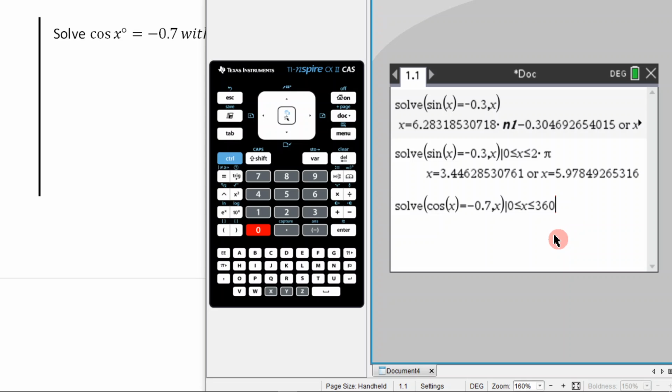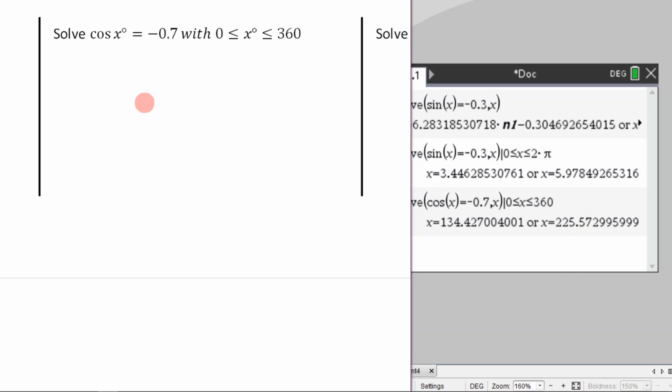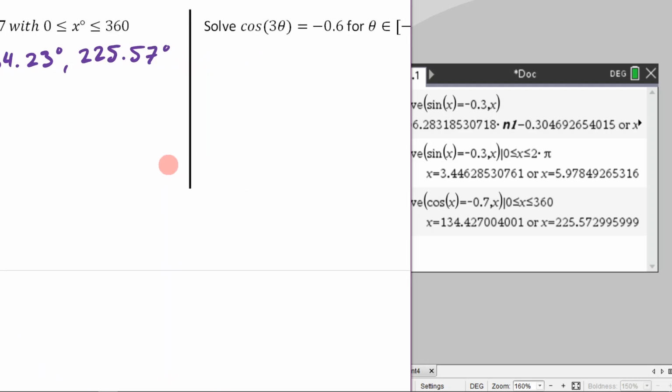Perfect. Just double check that you've written everything in there correctly. We hit enter and we're going to get our answers out there. So I'm going to get x is equal to 134.23 degrees and 225.57 degrees.